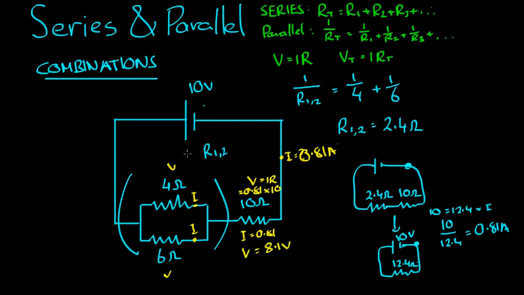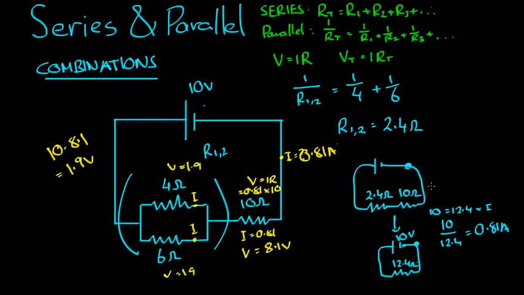If I wanted to know the voltage for these two, I can actually shortcut to it. I know that there's a total of 10 volts across this entire circuit. 8.1 is lost here, so there must have been 10 minus 8.1, which is 1.9 volts available for these two. So V, I think, is 1.9.